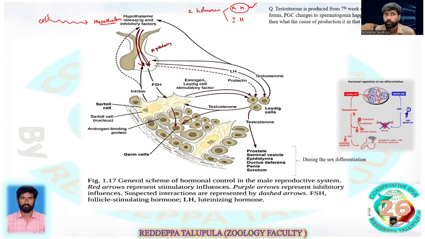By means of that, it reaches from hypothalamus to anterior pituitary, where this gonadotropin releasing hormone stimulates the anterior pituitary and causes the release of gonadotrophins. Those two gonadotrophins are LH and FSH. LH shows its effect on the Leydig cells. And one more thing, very, very important one: till now I thought that only gonadotrophins are released from the anterior pituitary gland because of release of gonadotropin releasing hormone.